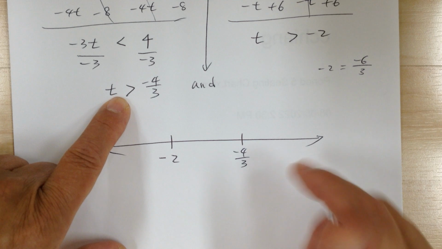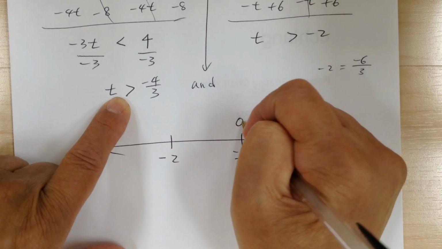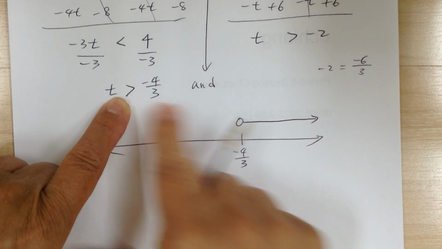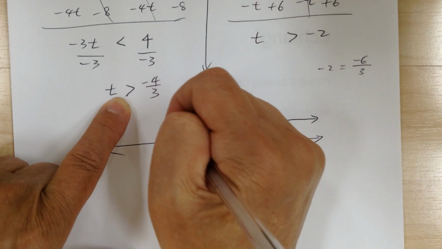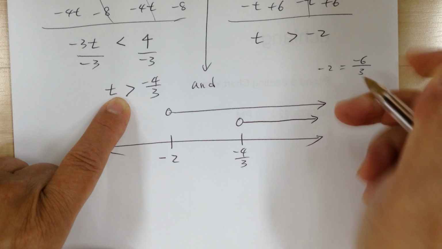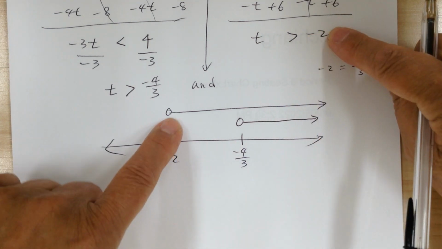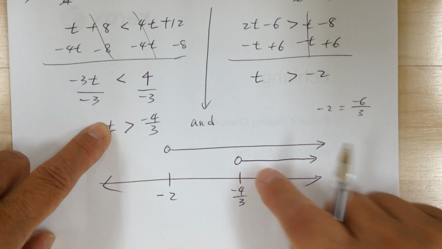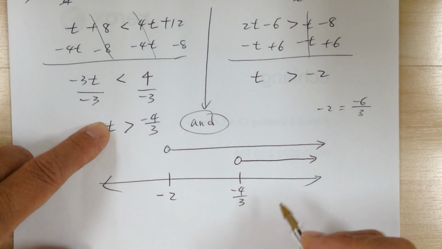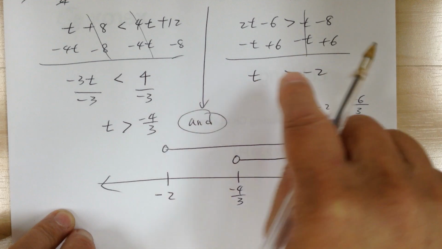So that's going to graph. Okay, so this is greater than negative 4 over 3. So this graph is for this. Now this one over here is greater than negative 2, so it's this one here. So this one, the graph is over here, right? It's greater than negative 2. This one, the graph is over here. Now you have to apply the word "and." So you have to be here and here.